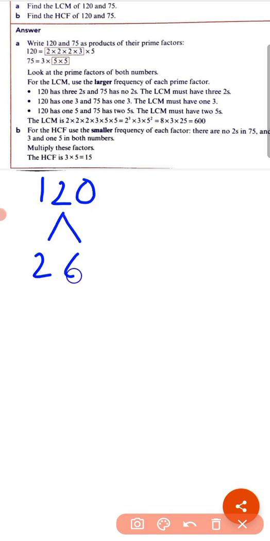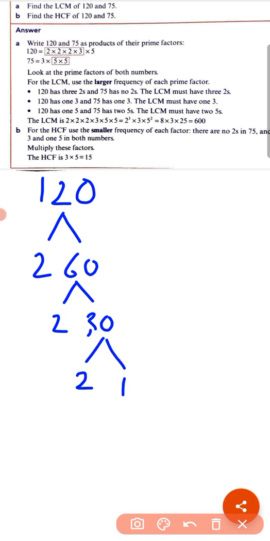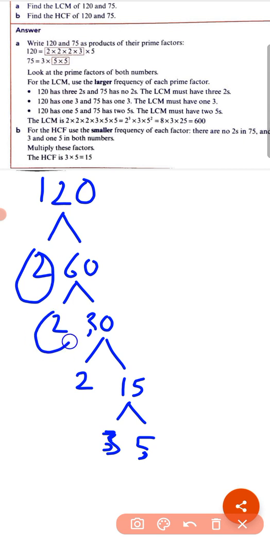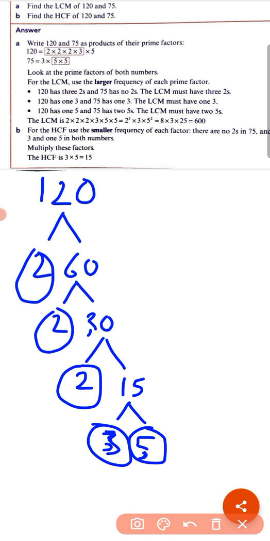120 can be split as 2 into 60. It can be split as 2 into 30. 30 can be split as 2 into 15. And 15 can be split as 3 into 5. So 2, 2, 2, 3, 5 are the prime factors of 120.